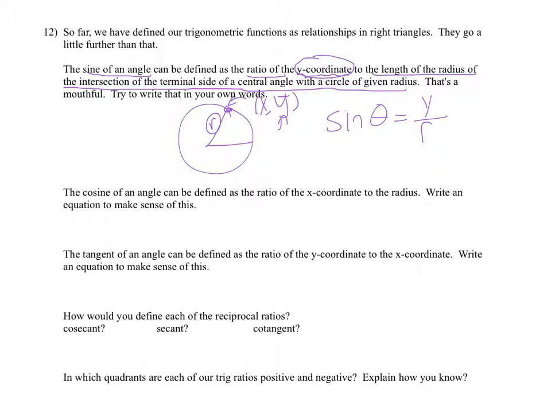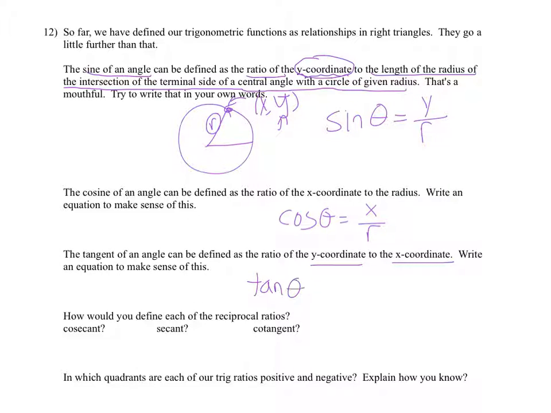Cool. Cosine of an angle, similarly, can be defined as x divided by the radius, where x is the x coordinate of that intersection. Tangent can be defined as the y coordinate to the x coordinate ratio.